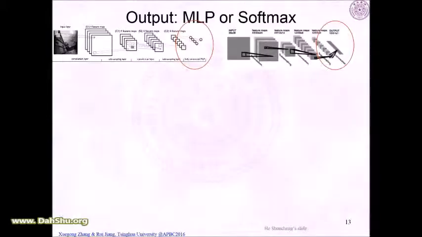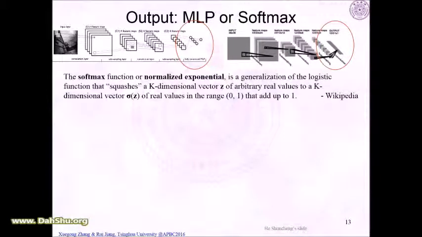So at the end, we add either a multiple layer perceptron, the original neural network, or another simpler function such as the Softmax. We have talked about multiple layer perceptron in the last lecture, so let's look at Softmax. Softmax is easier than the MLP. It's just a normalized exponential function, or a generalization of the logistic function, in the sense that they have multiple logistic functions, but they are normalized to sum to 1.